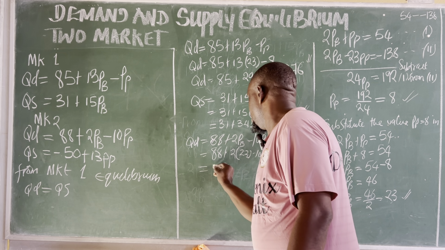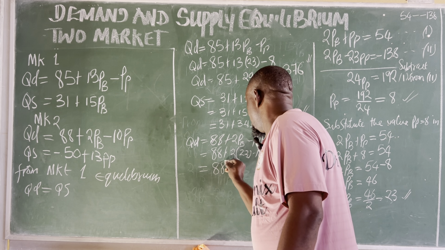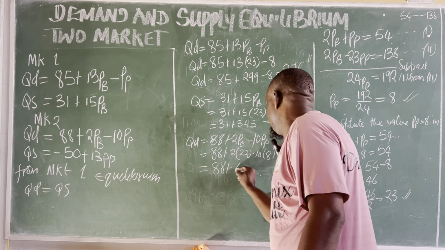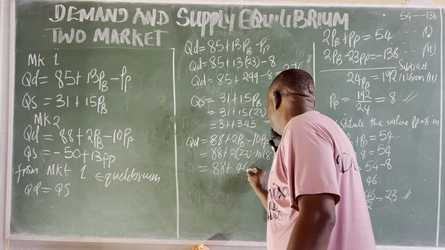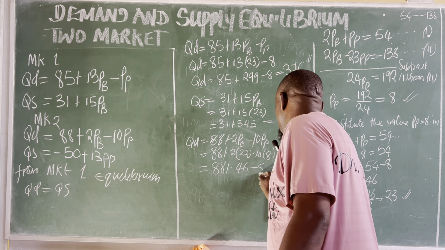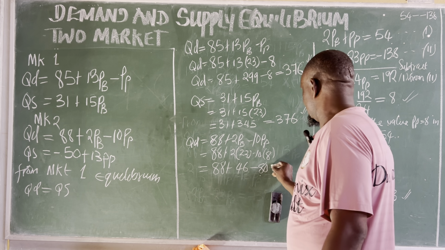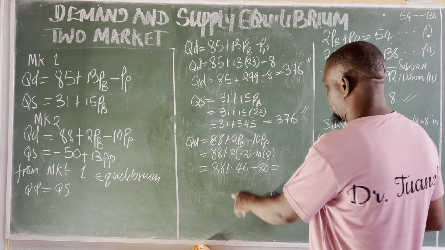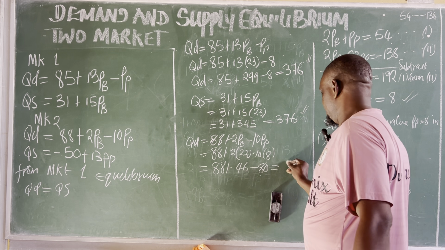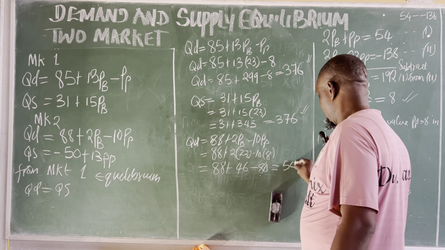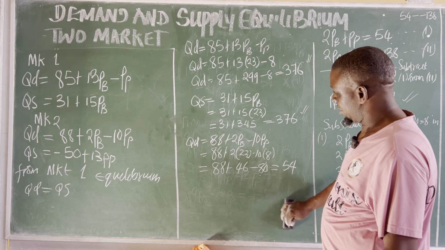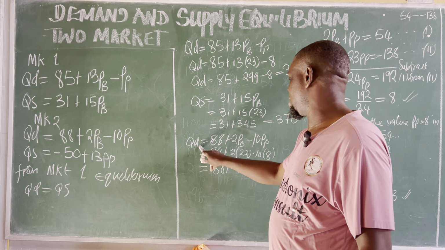So this will be 88 plus 2 times 23, which is 46, minus 10 times 8, which is 80. So that this will be equal to 54. Okay, that's the equilibrium quantity demanded in the second market.